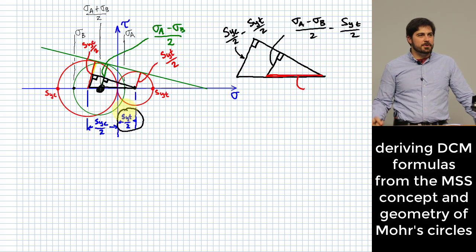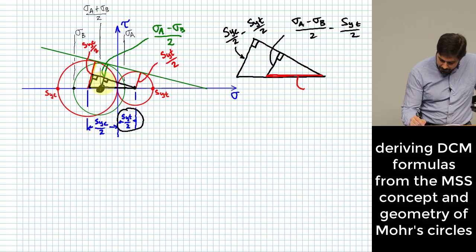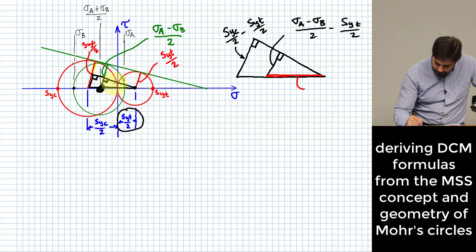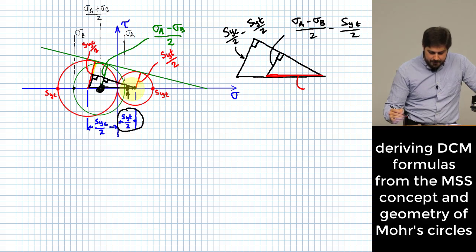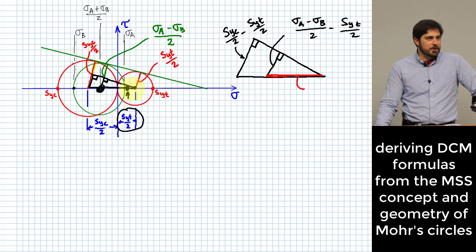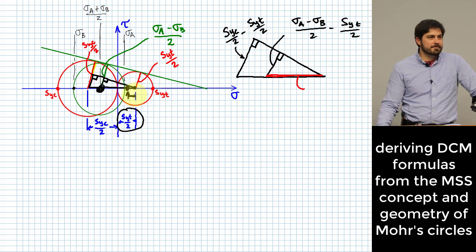That's kind of counterintuitive. Another way of thinking about it that might help you understand is, since I just chose a random location for that circle, what if I had chosen the location over here? Like right here. If I had chosen a location right there, then it would make sense to take S sub yt over 2 minus sigma a plus sigma b over 2 in order to figure out what this little length was right there.